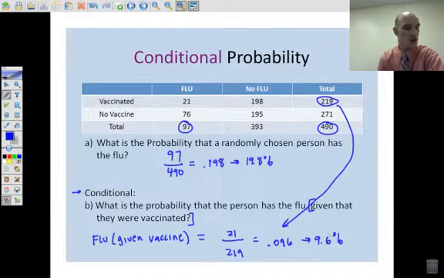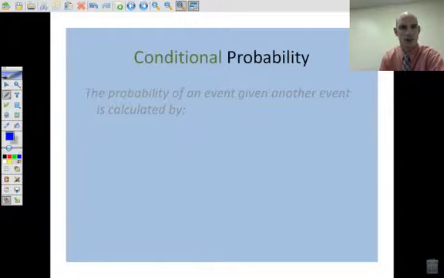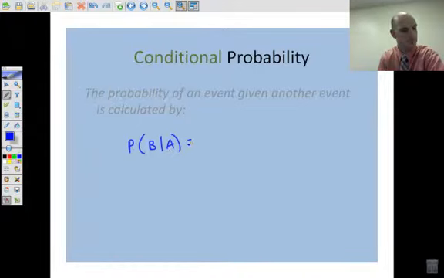Okay, a notation thing. When we're talking about conditional probability, we would say the probability of B given A, and I'll write this out.